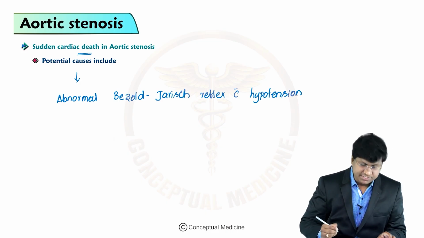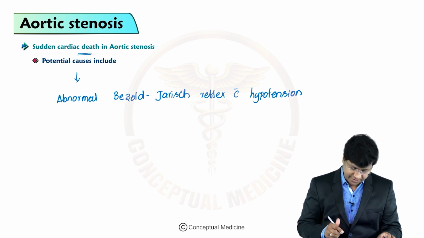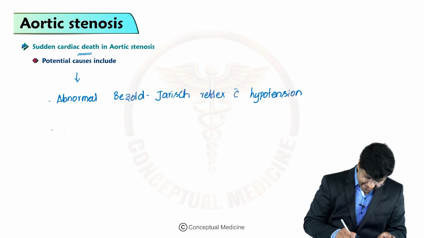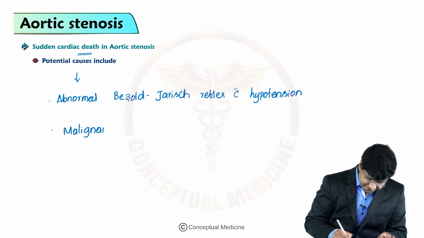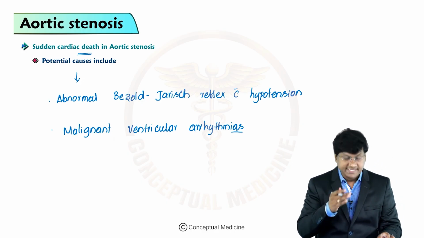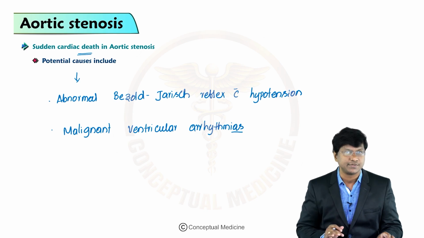What is the Bezold-Jarisch reflex? I'll explain to you. And the second important cause will be malignant ventricular arrhythmias. So these are the potential causes for sudden cardiac death in patients with aortic stenosis.